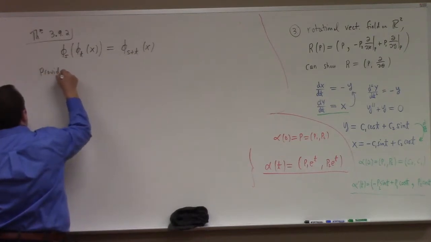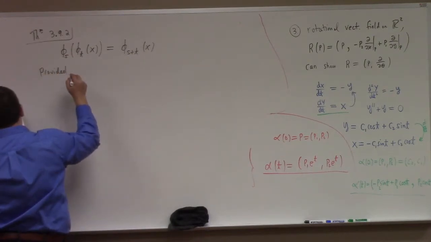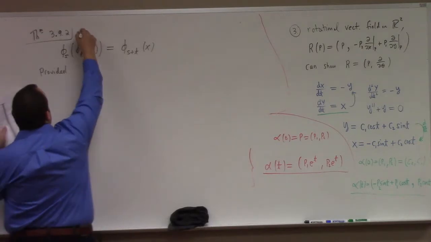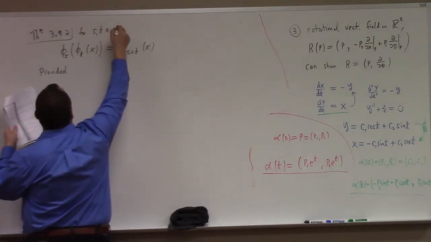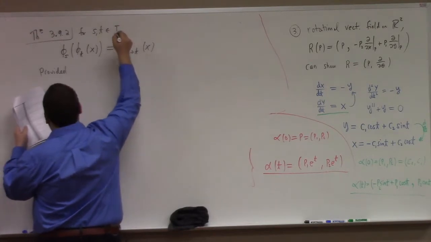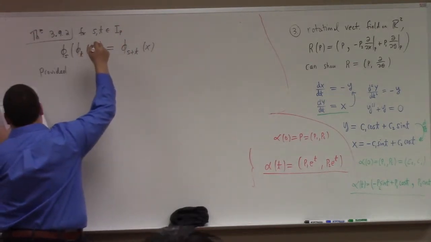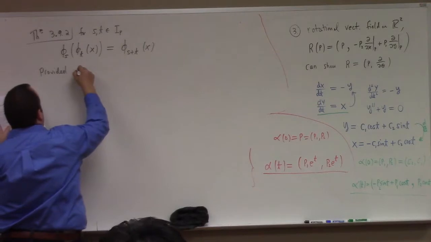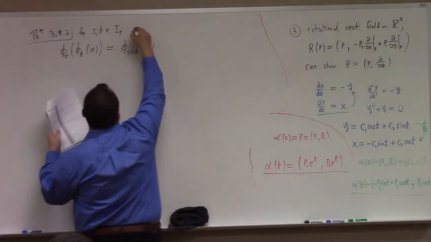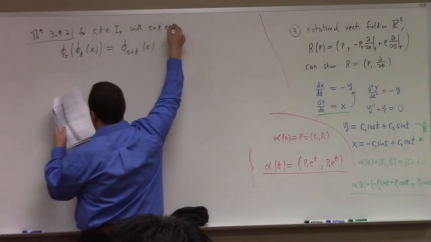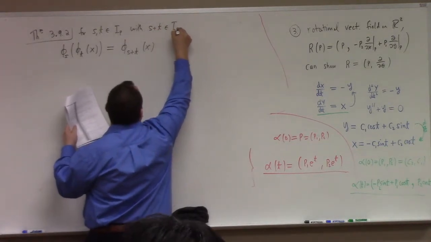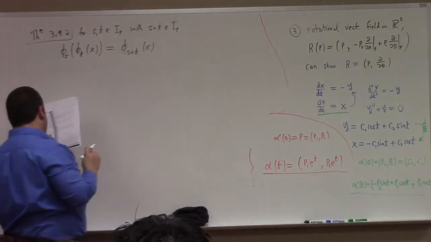There's some fine print here. This is for s, t in I_p, such that we need s plus t also in the interval I_p. What should this I sub p mean?